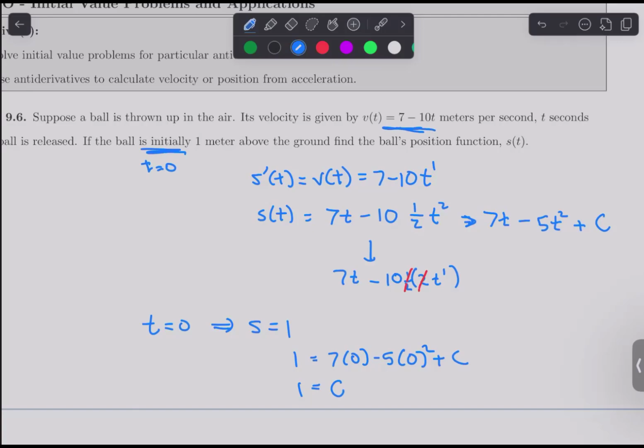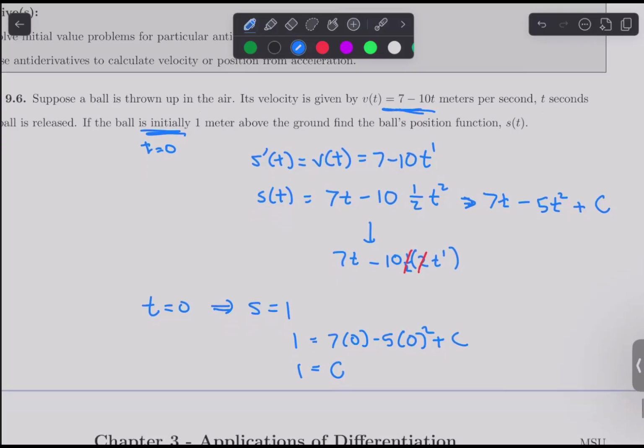And so with these initial value problems, it's not only about finding an antiderivative, but then using some initial condition, some value given to us that we can solve for that c, this unknown bit.